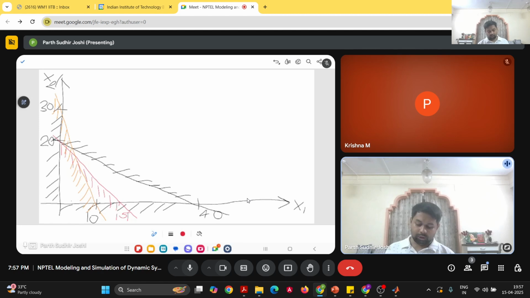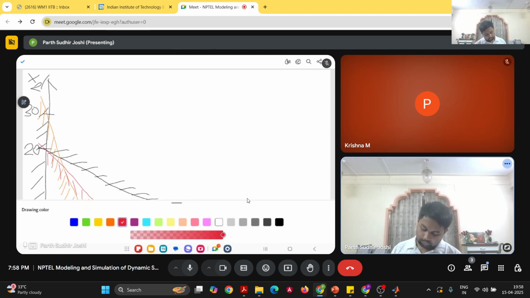So now our feasible region is, to highlight it, let us use a different color.